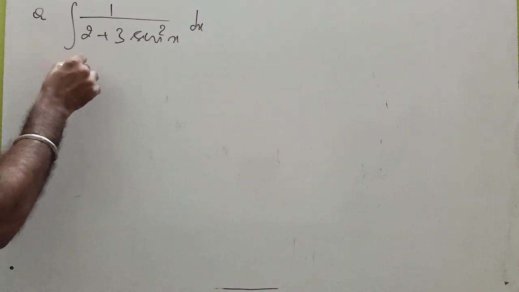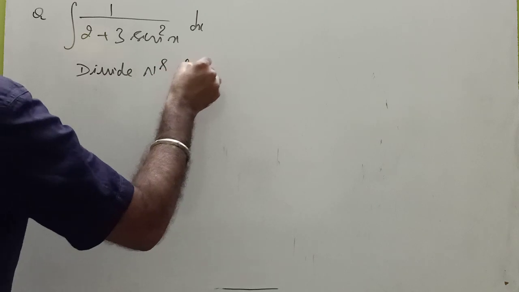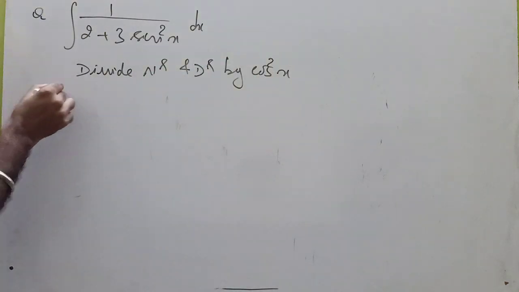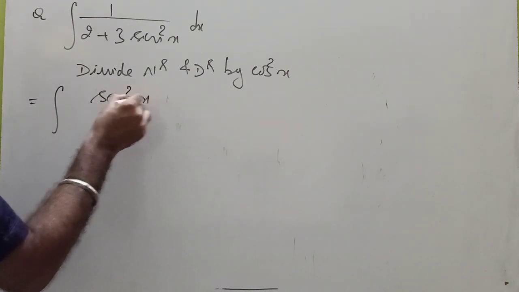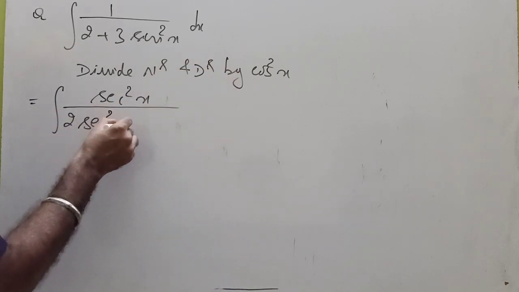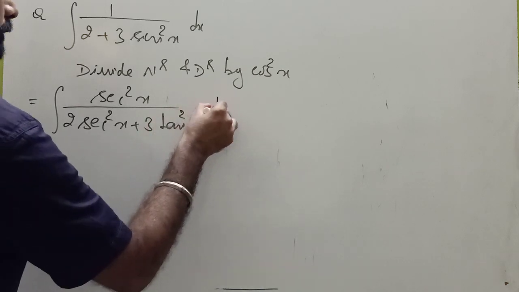So first of all we have to divide numerator and denominator by cos square x. Now what is the numerator? 1 over cos square x is secant square x. Denominator: 2 over cos square is 2 secant square, plus 3 sin square over cos square is 3 tan square x.